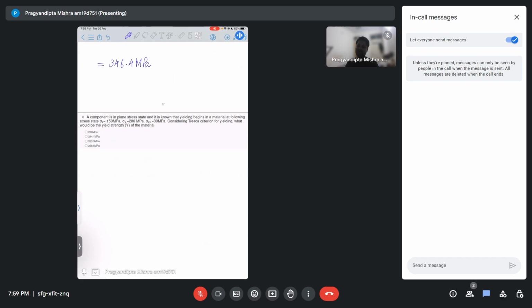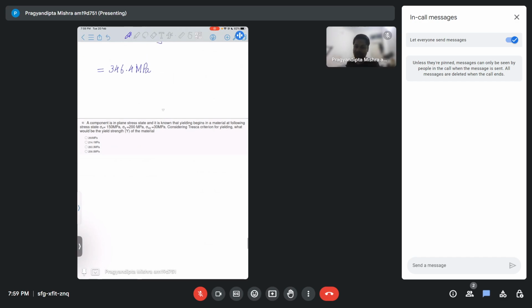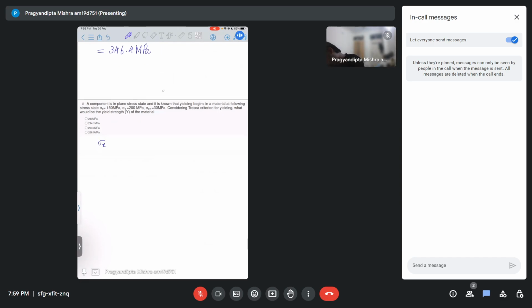Sigma x is equal to 150 MPa, sigma y is equal to 200 MPa, and tau xy is equal to 30 MPa. Considering Tresca criteria for yielding, what would be the yield strength of the material? So they have told us yielding would begin at the particular stress state that they have given us: sigma x is 150 MPa, sigma y is 200 MPa, and tau xy is 30 MPa.